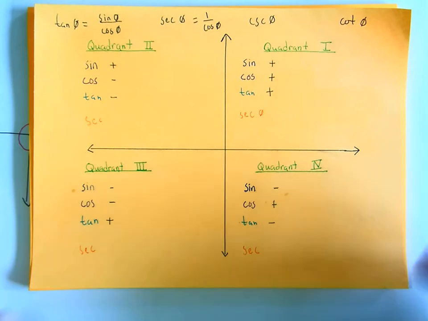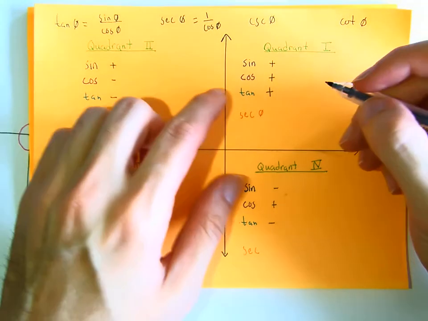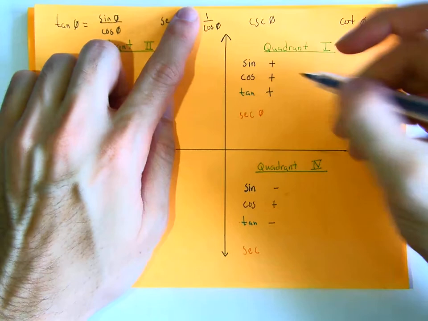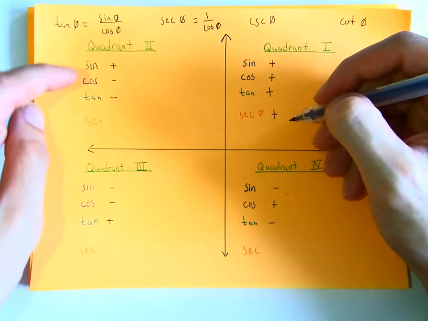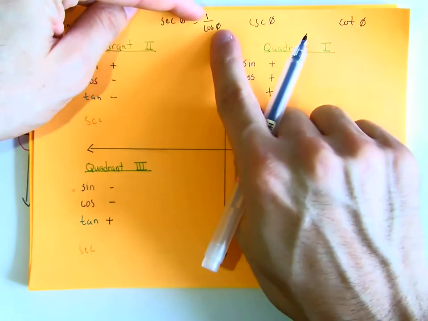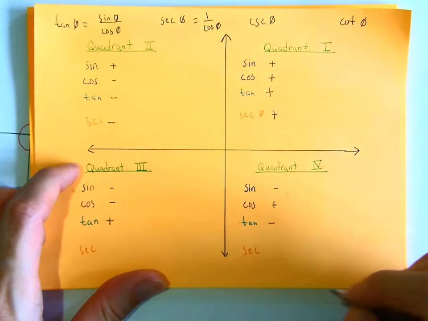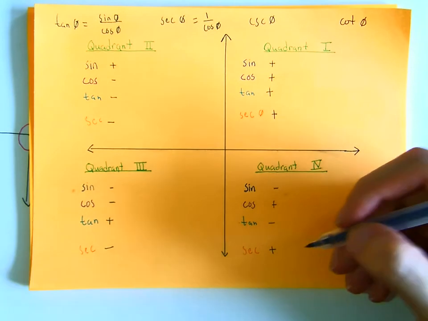So we know secant of theta is 1 over cosine theta. So basically, what is 1 divided by a positive? Positive. What is 1 divided by a negative? Negative.